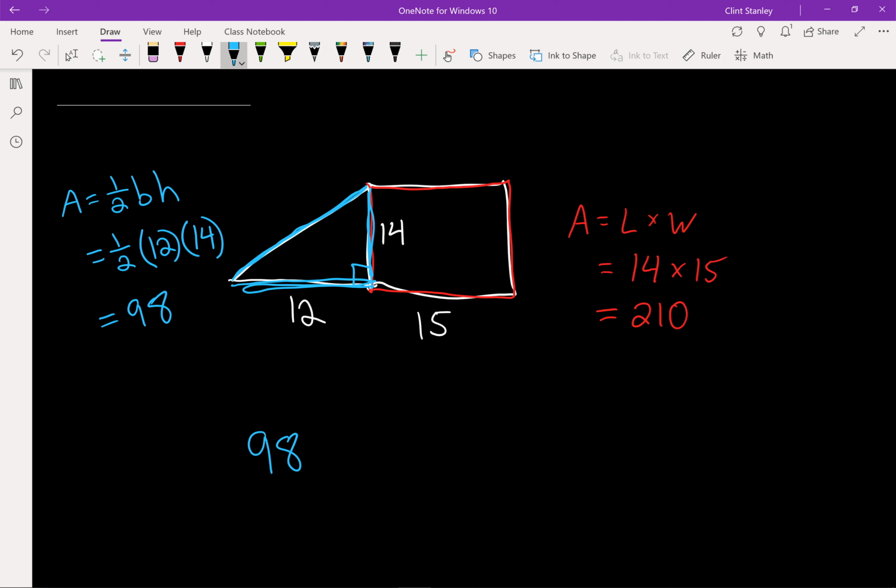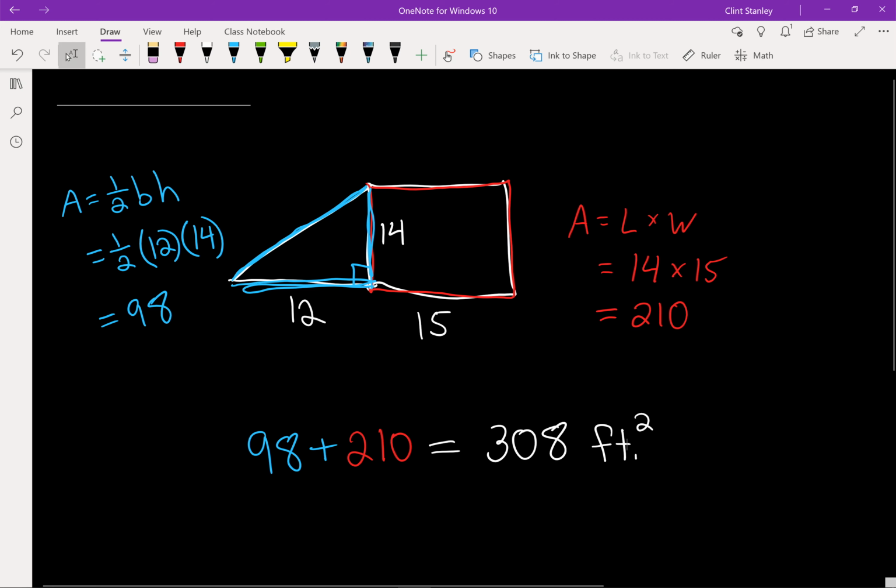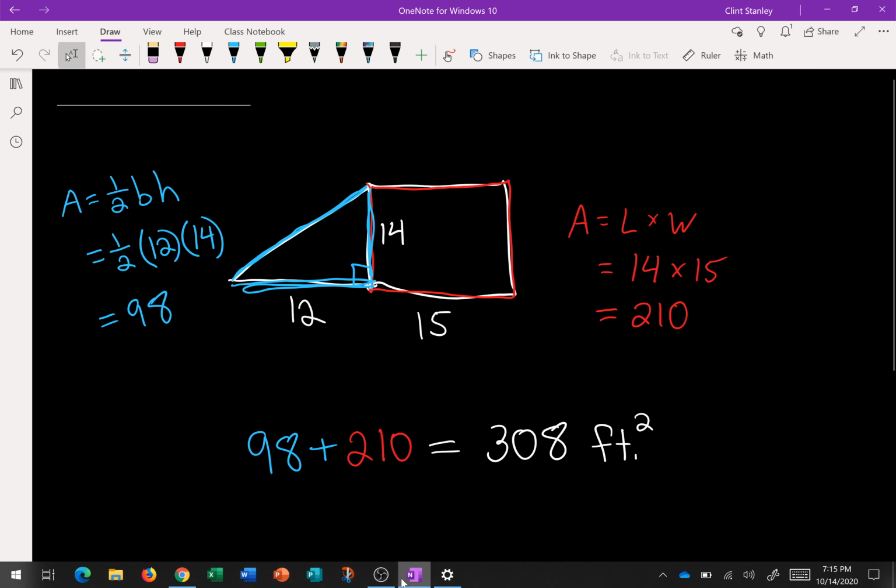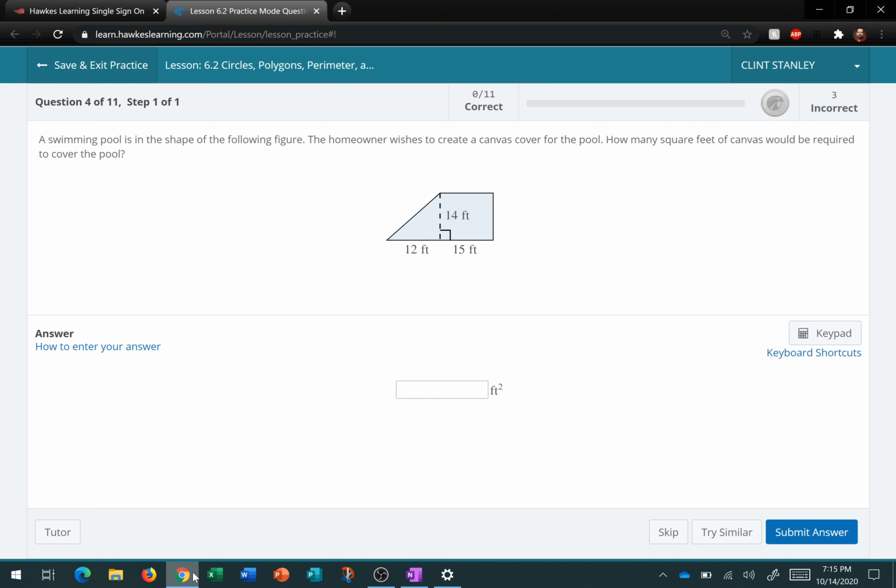Then we can add these two areas together. We get an area of 308, and I'm thinking it was square feet, but we'll check it. Yes, 308 square feet. You can do it with a trapezoid formula, but I just prefer to do it in two pieces. That way I don't have to deal with the trapezoid formula.